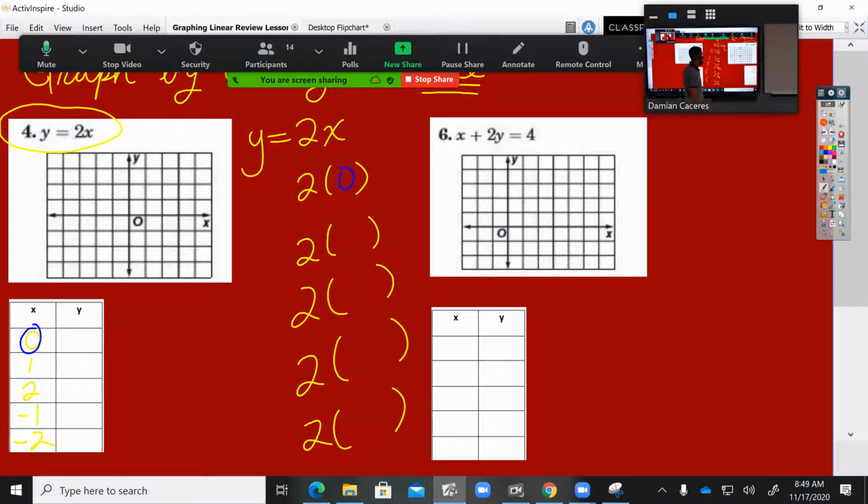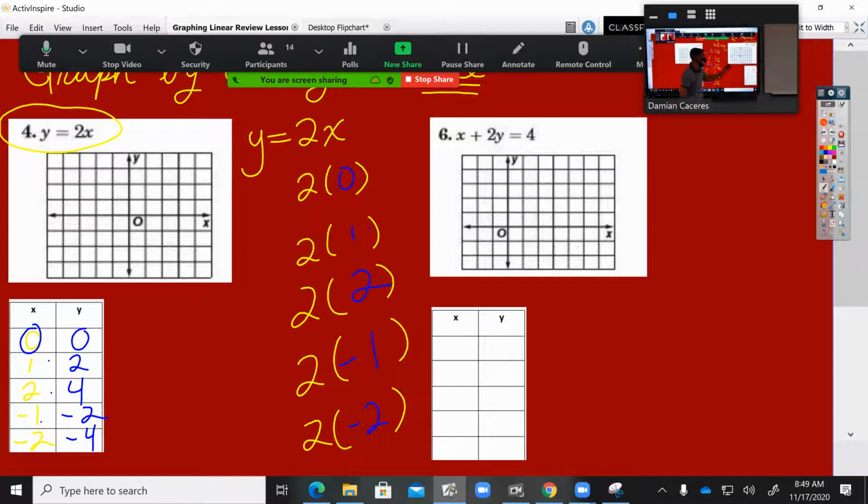2 times 0 equals 0. 2 times 1 equals 2. 2 times 2 equals 4. Notice, all of these are just the numbers that we're plugging in here for x. Negative 1 times 2, negative 2. Negative 2 times 2, negative 4.